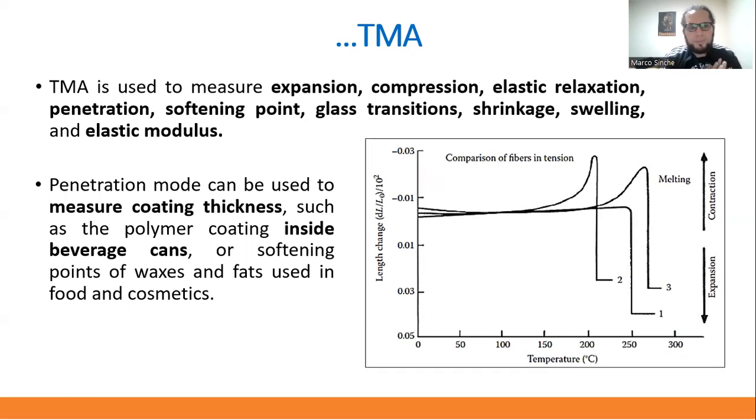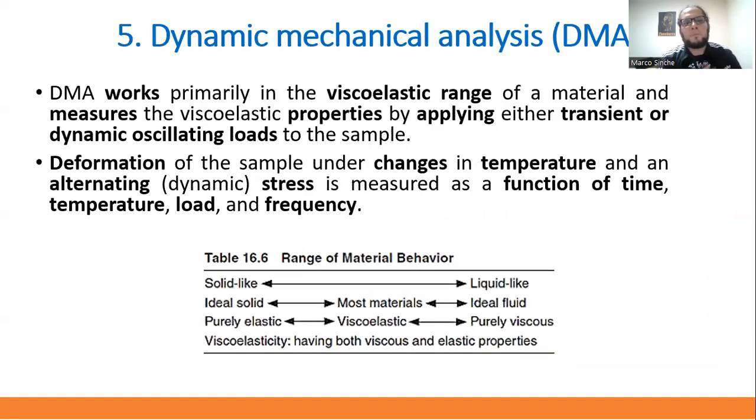Regarding food, for example, one could use the penetration mode of this technique to measure the coating thickness in beverage cans, or to determine the softening points of waxes and fats that are used in different types of foods.